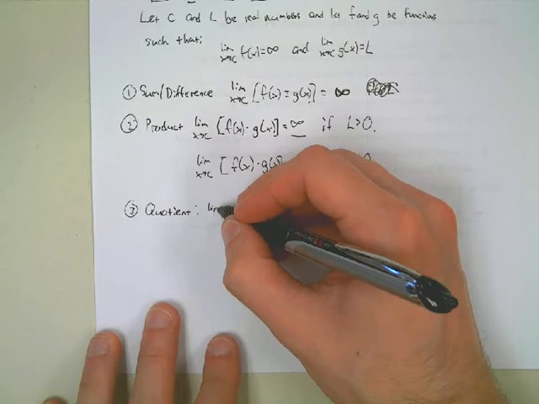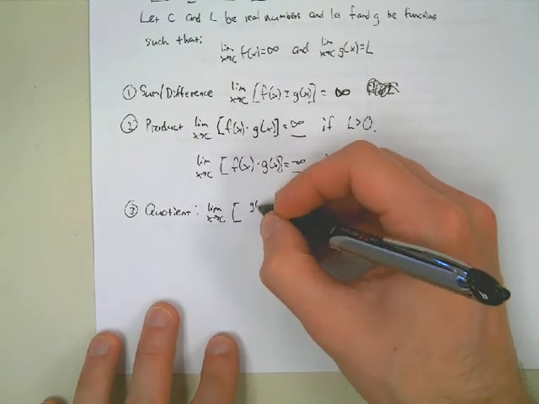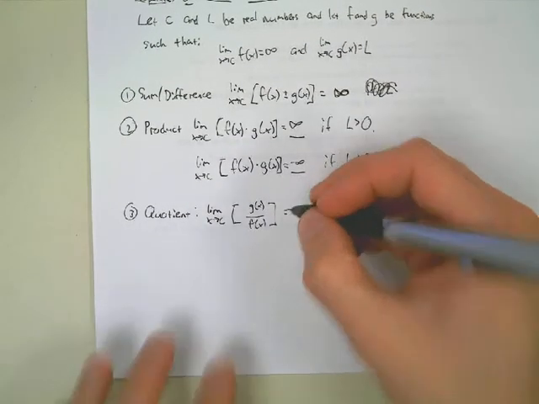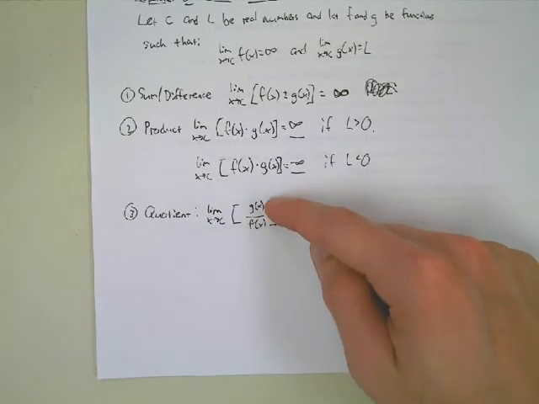All right, so the limit as x approaches C, for quotient now. Here we're going to take something whose limit is a number and divide it by something whose limit is infinity.